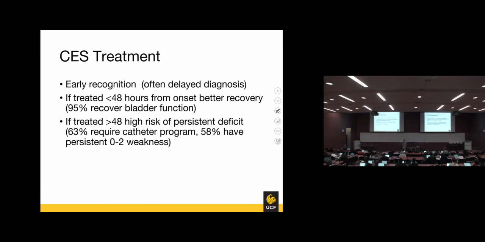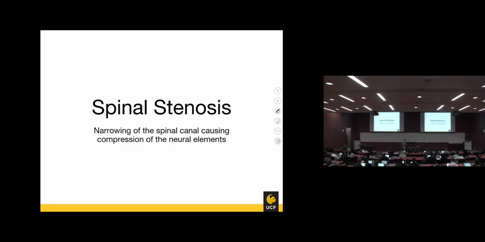So 63% require a catheter program. So that's why there's an emphasis to try and get to it quickly. Permanent? Yes, permanent, unfortunately.